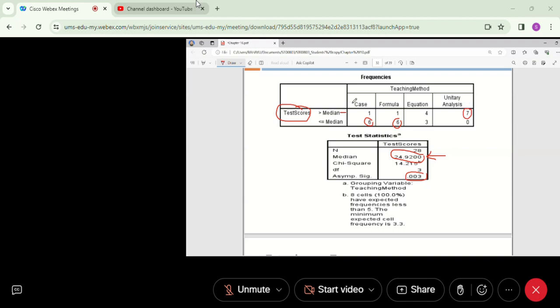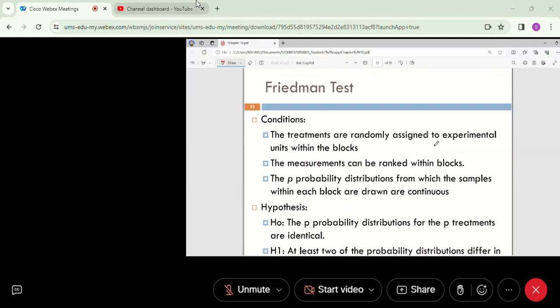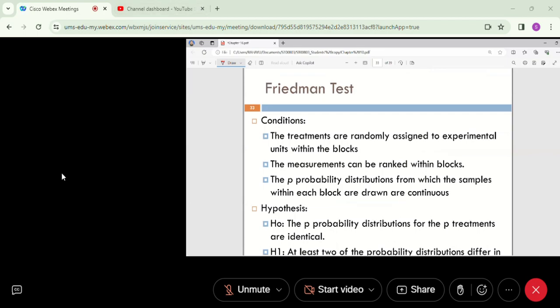But for the case study method and formula method, the majority of test scores are below or equal to the median value. Whereas for the equation method, it is more or less similar: the number of test scores below and above the median value.